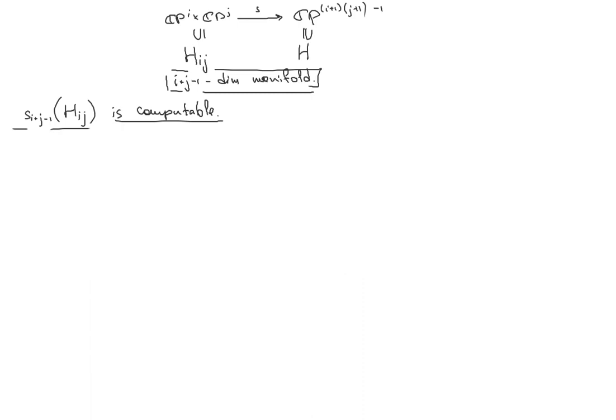Now let's compute the normal bundle. The normal bundle is the pullback of the normal bundle of the hyperplane under the Segre embedding. What's the normal bundle of a hyperplane?